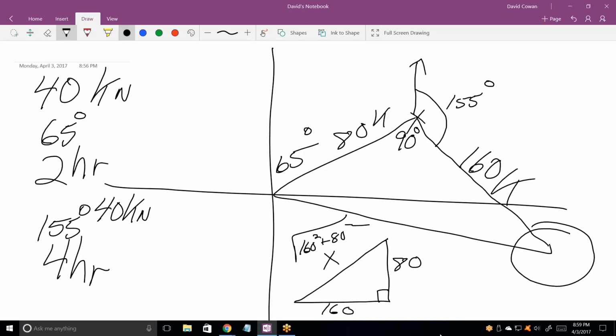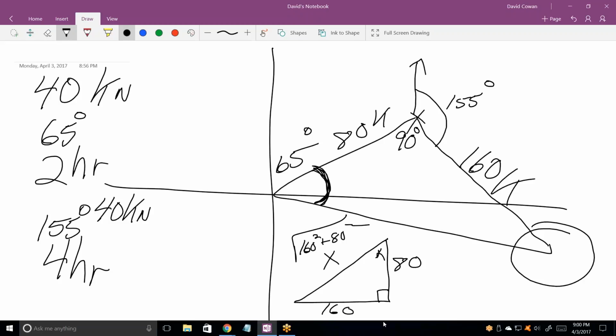And then the angle I want to figure out is that angle right there, because now I can add that to 65 degrees and know the complete bearing, right? So I want the angle opposite the 160. I want alpha right there.